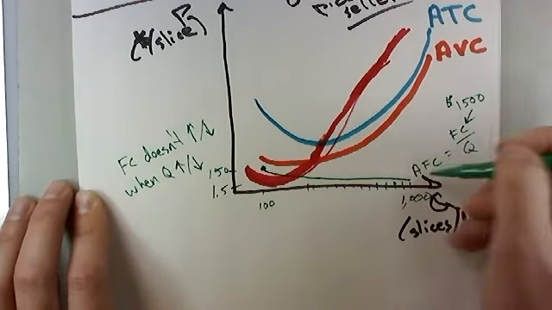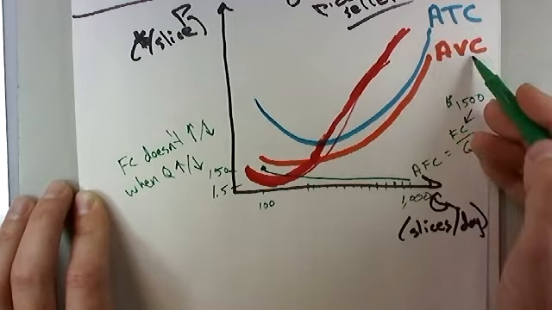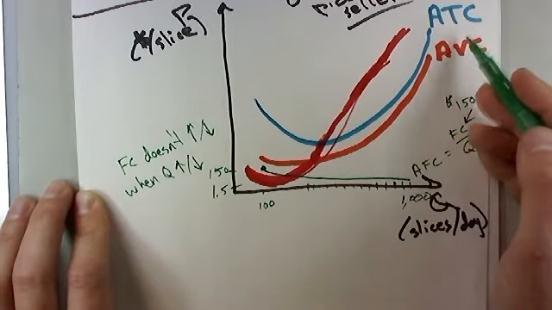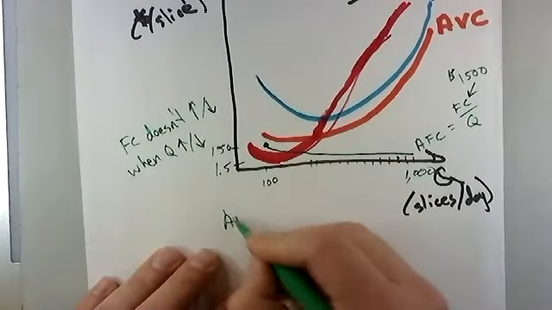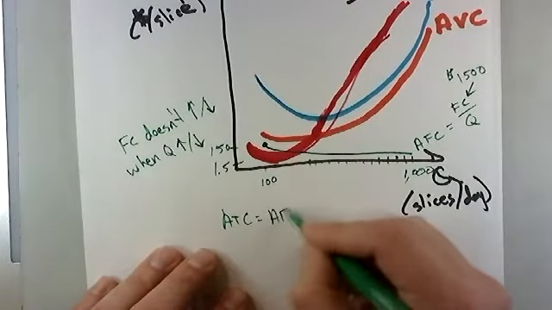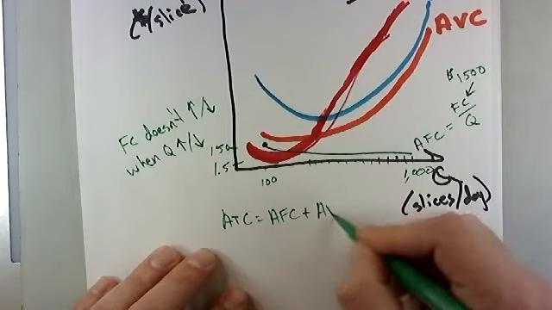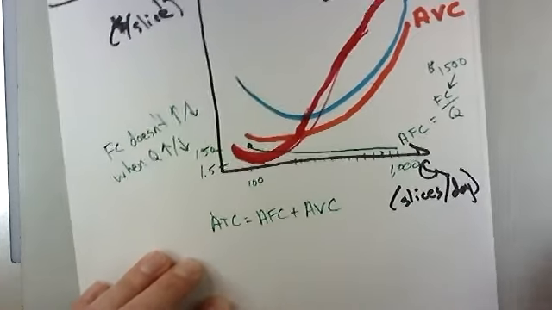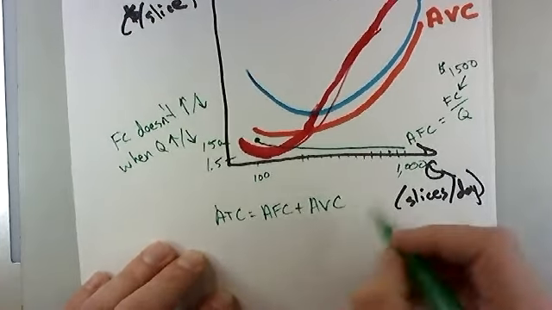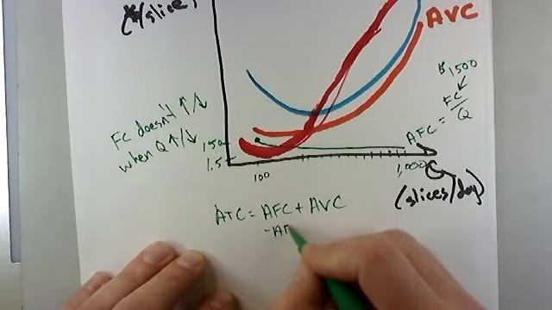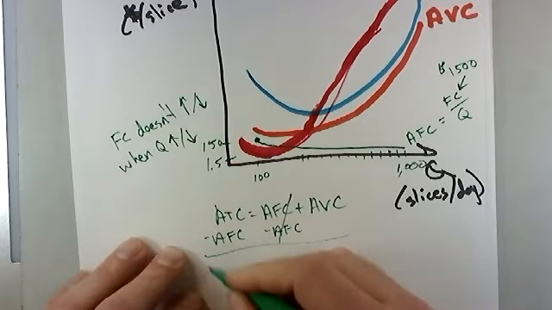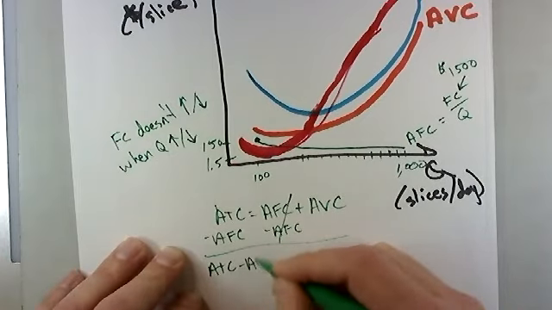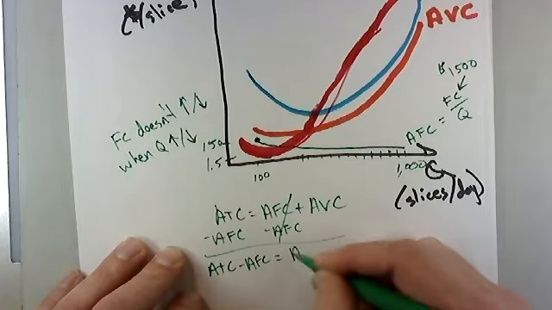So how does this have to do with the closeness of the average total cost and the average variable cost? What's the definition of average total cost? It's equal to average fixed cost plus average variable cost. If we subtract average fixed cost from each side, we end up with average total cost minus average fixed cost equals average variable cost.